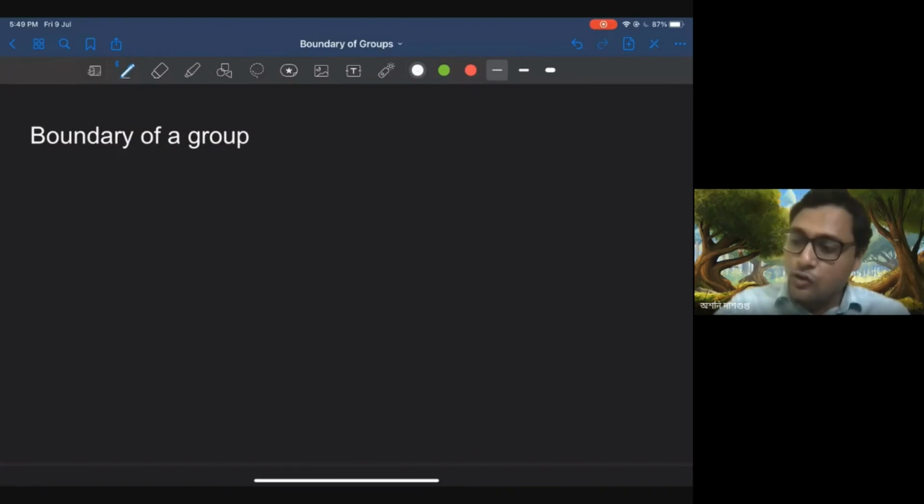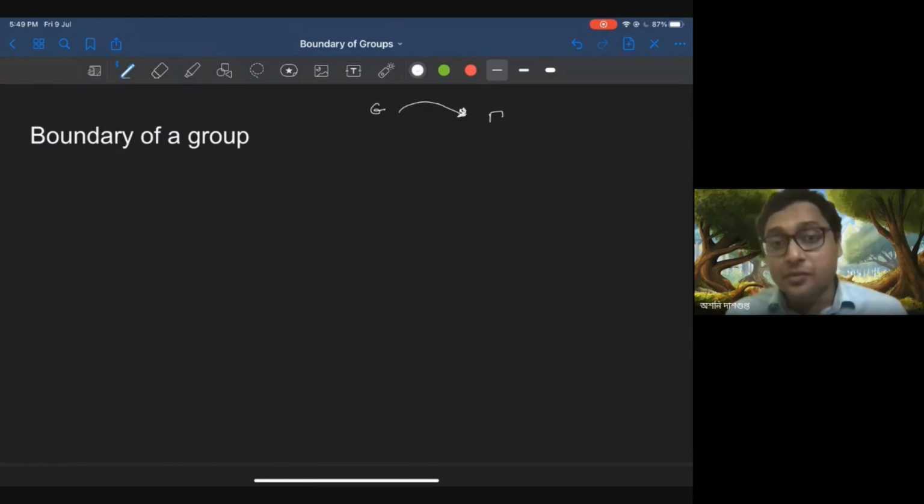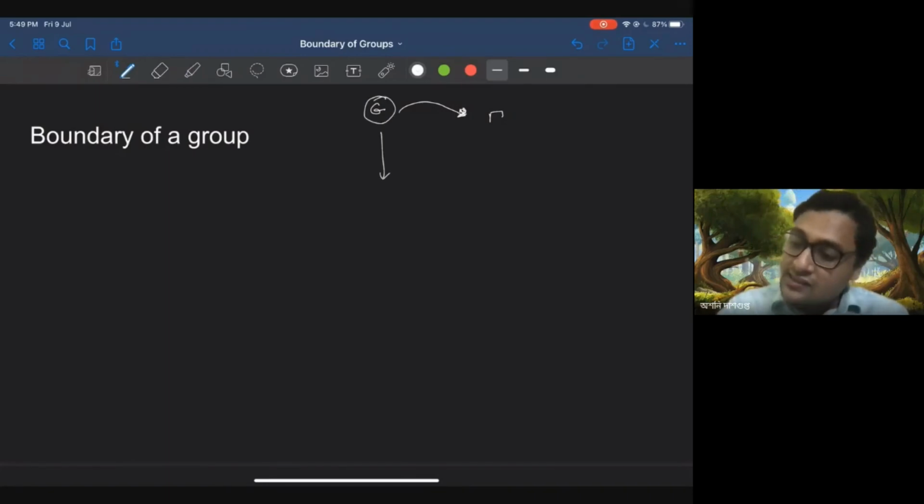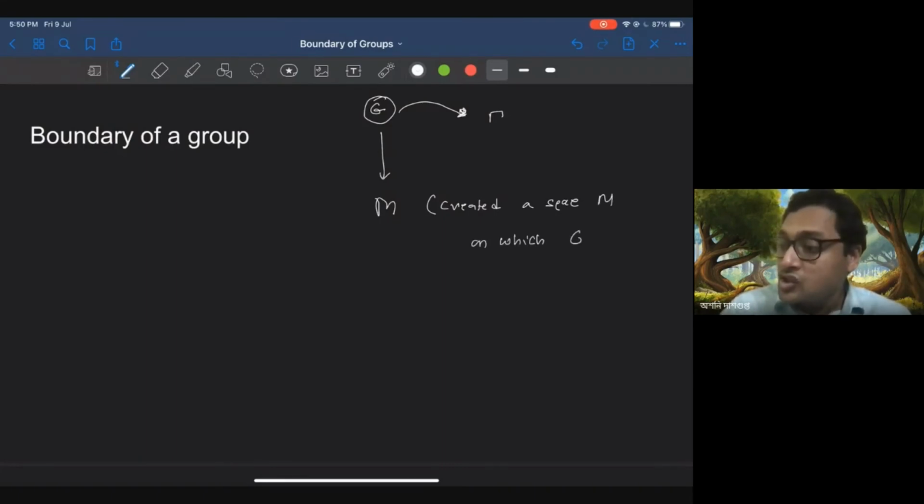We had a group G. We could have worked with a Cayley graph gamma on which the group acts. But to extract more information, we created a space M. We created a space M on which G acts suitably.